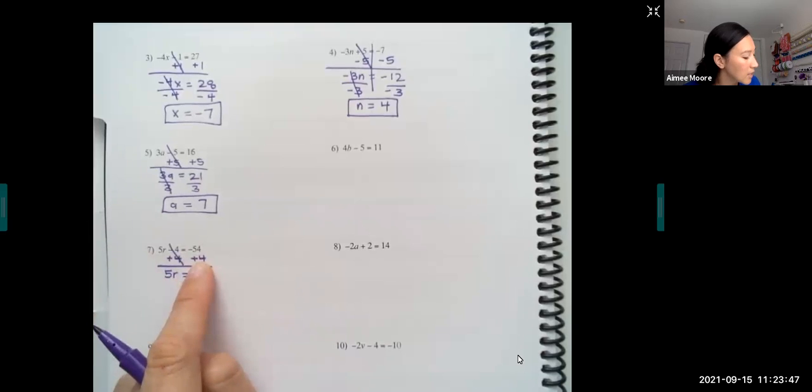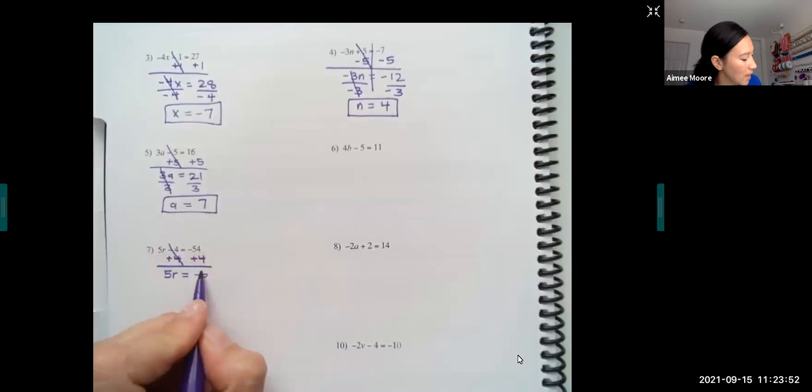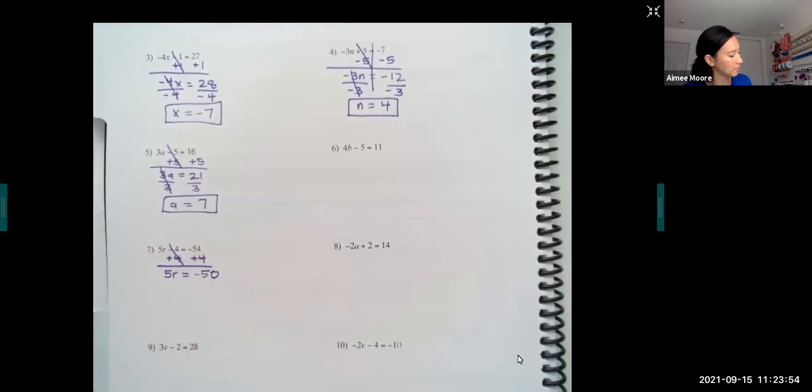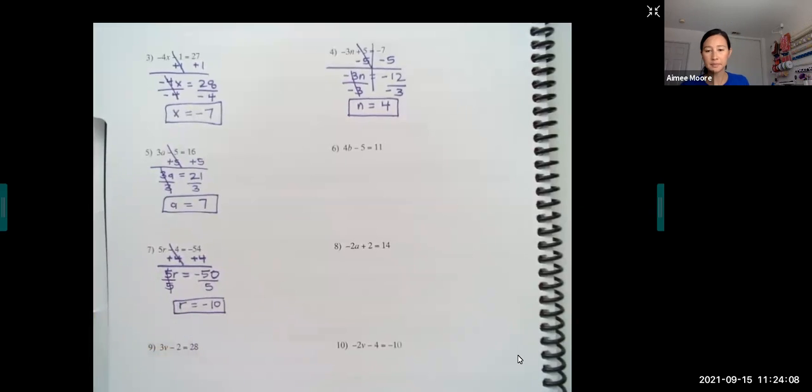So since this is a +4, that cancels out 4 of the negatives. So then it would just be -50. 50 divided by 5. Yep. So now r equals -10. Excellent. Thank you, Emma. That's my daughter's name. I love the name Emma.